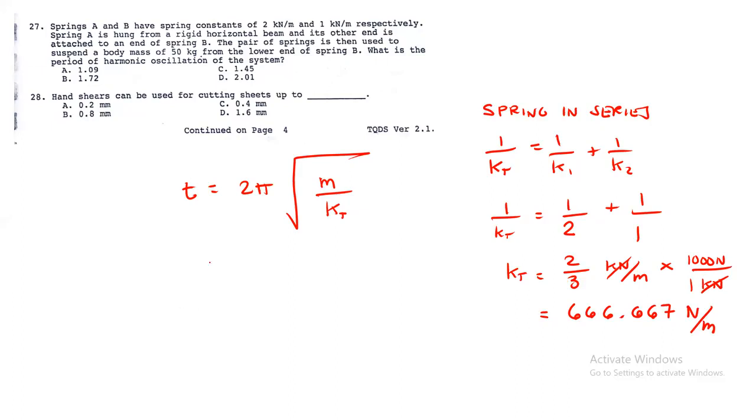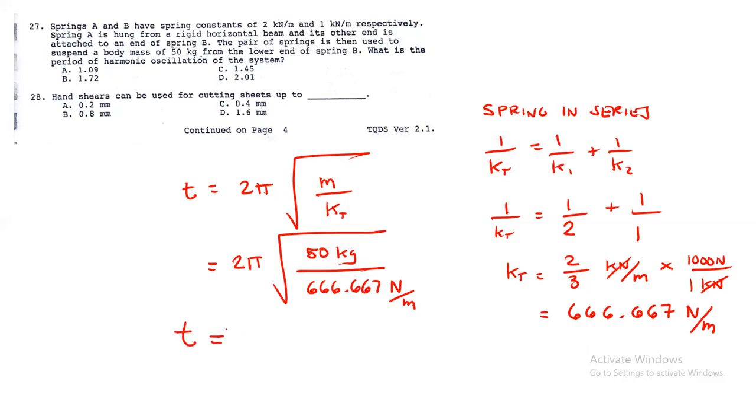So, yun yung substitute natin dito. So, magiging 2 pi square root ng mass. So, ilan yung mass natin dito? 50 kilograms. Divided by 666.667 Newton per meter. So, lalabas dito is in seconds. So, time natin dito is 1.72 seconds. So, the answer is letter B.